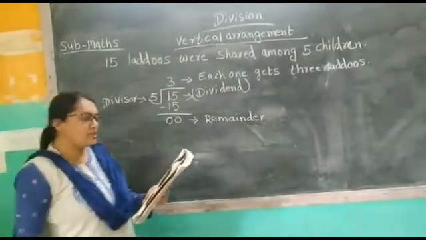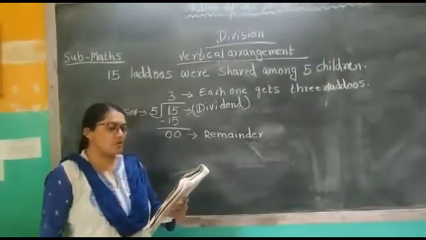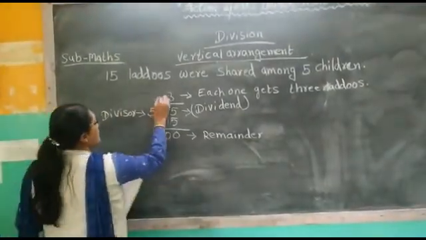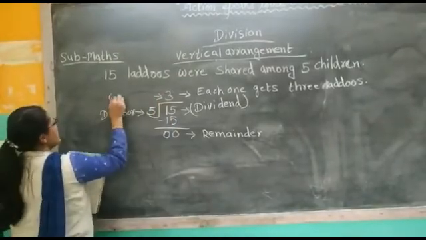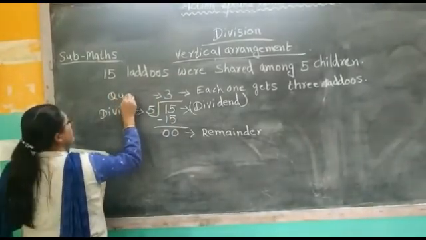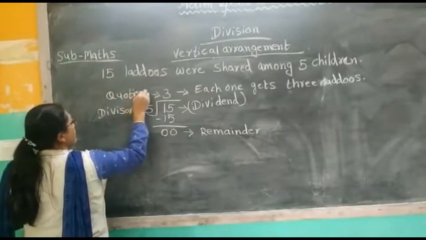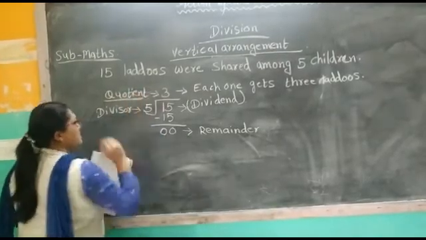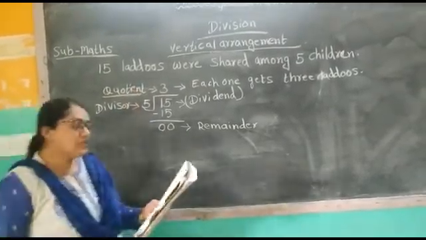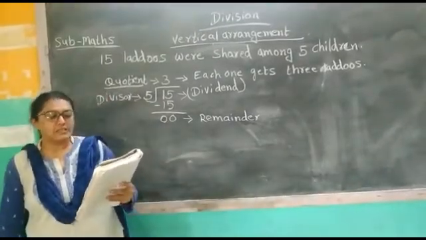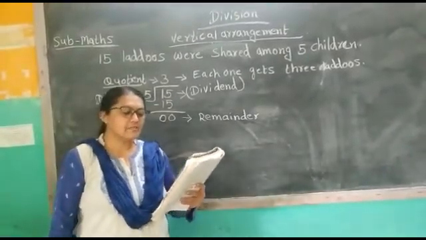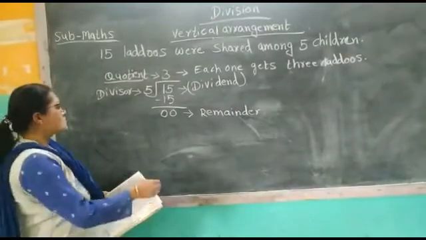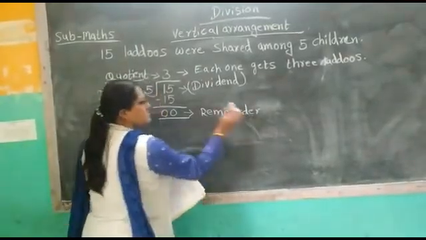The number of laddus that each one gets is called the quotient. So what is 3? 3 is the quotient. All the laddus are finished. Nothing remains. That is remainder 0. So the remainder is 0.